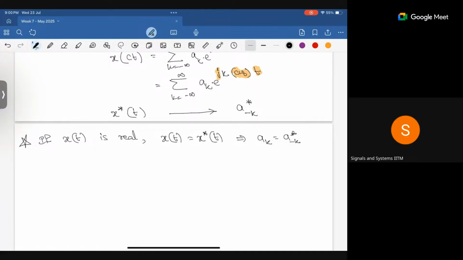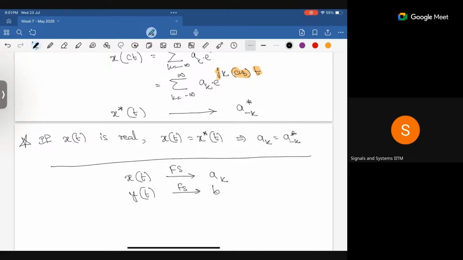I forgot linearity. If you have two signals, x of t, we'll represent it like this: we put fs on top, which says that x of t and ak are a pair. x of t is the signal, ak are the Fourier series coefficients, and some y of t has Fourier series coefficients bk.